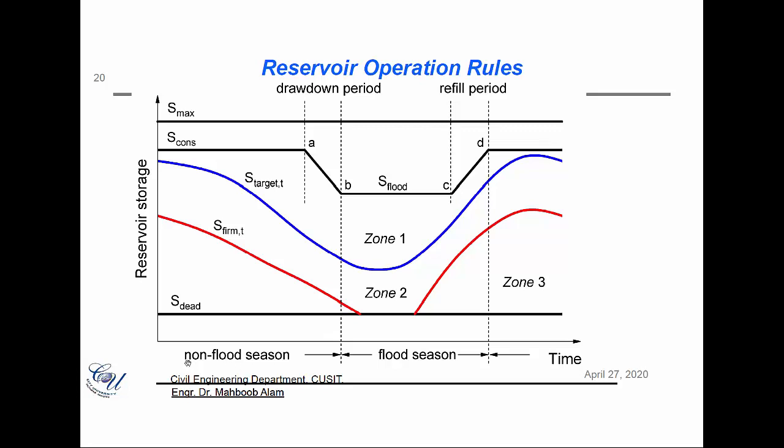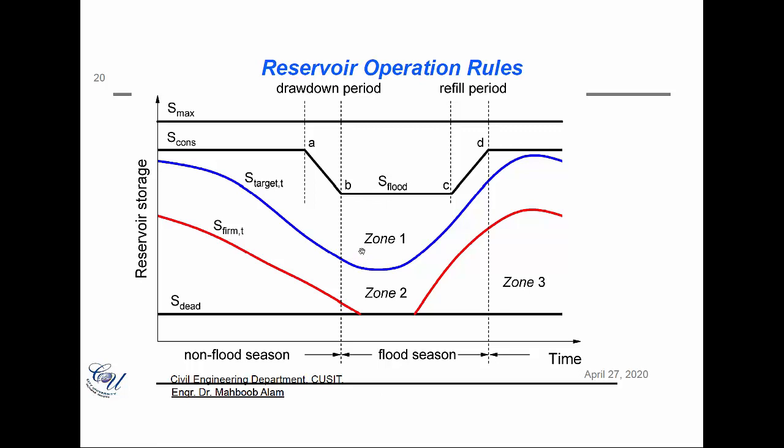We divide our time into certain periods, for example a known flood season and then the expected flood season and other times, and we try to maintain different levels here. If I'm looking at this storage at the conservation level, I have to ensure that the water is somewhere here.